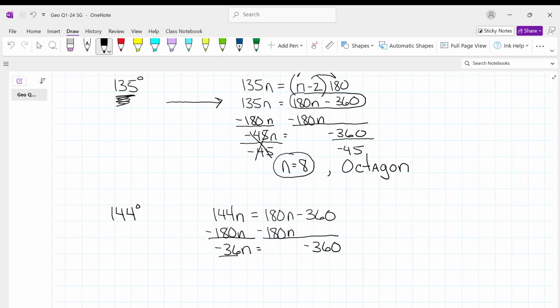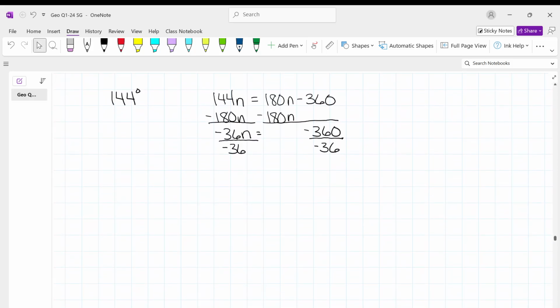Divide both sides by negative 36. And these cancel. We get an n that's equal to 10. So the polygon has 10 sides.